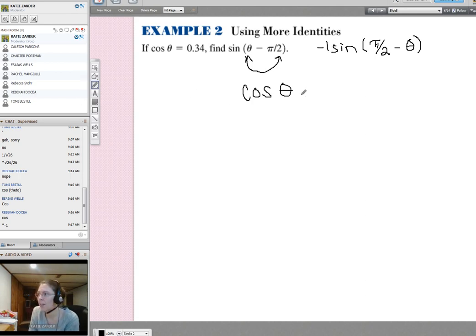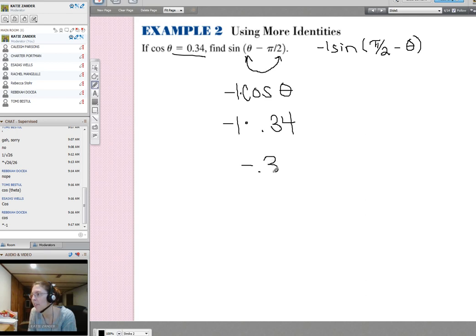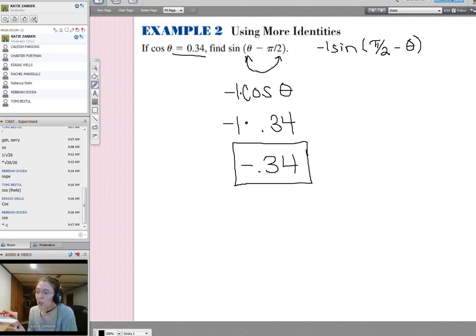So instead of having just cosine theta, we're going to have a -1 times cosine theta out in front. Well, cosine theta is the 0.34. So I'm going to replace that with 0.34 in the problem, and we'll get a -0.34 for our answer. So not too bad, but we needed that extra fact that if we multiply by the -1, it allows us to switch those terms inside the parentheses when we're using subtraction there. Questions with example 2.